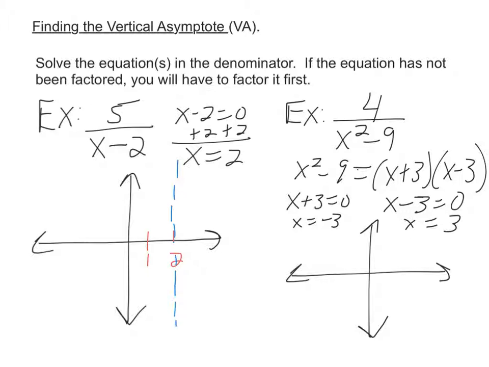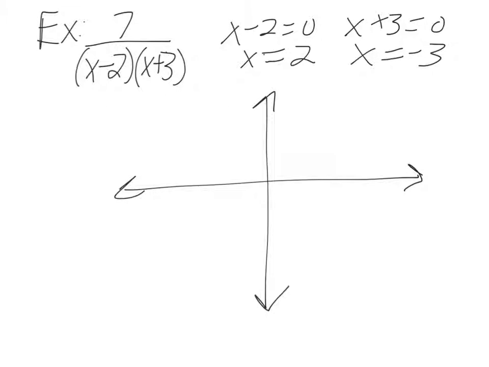So here I'm going to have two vertical asymptotes, one on negative 3, so it's going to go right through negative 3, and also one at 3. So this function would give us two vertical asymptotes, and one goes through negative 3 and one goes through 3.